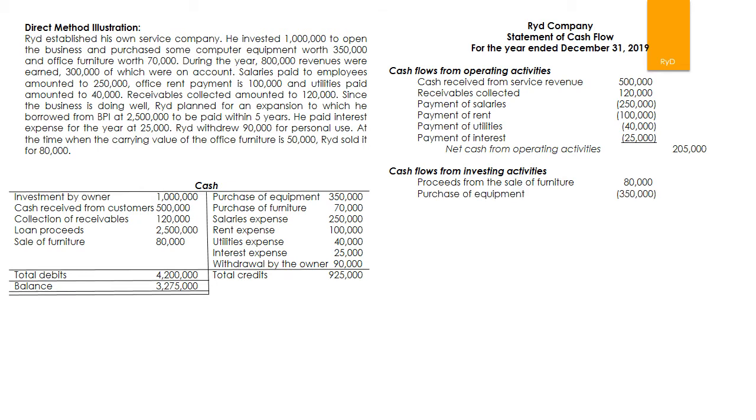And then, we have the purchase of equipment. This one, class, has a negative sign because if we purchase equipment, we release cash, provided this is a cash purchase. Then, we have our purchase of furniture at 70,000. So, the net cash from our investing activity is 340,000.